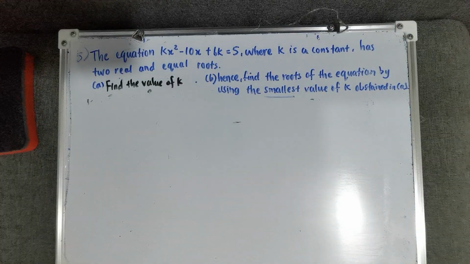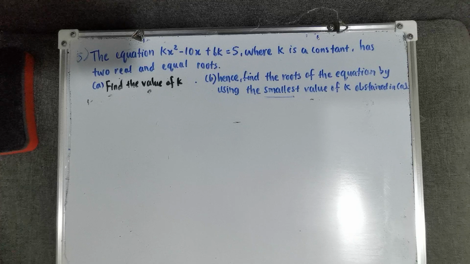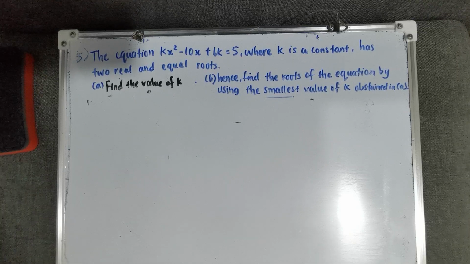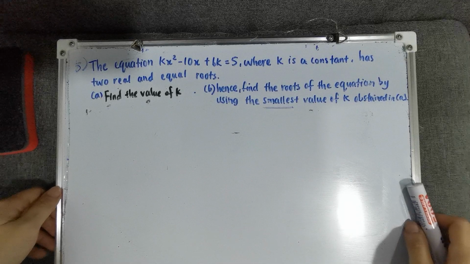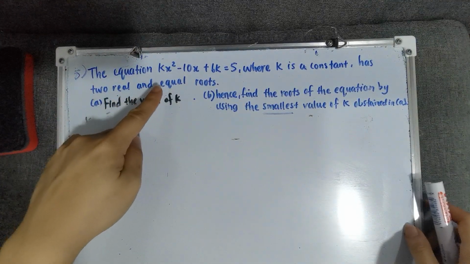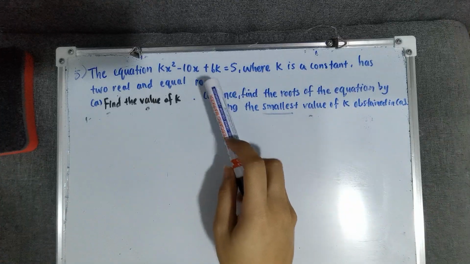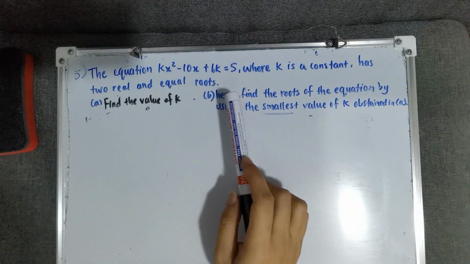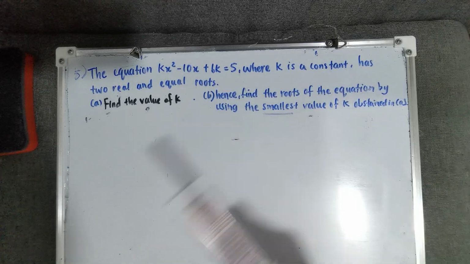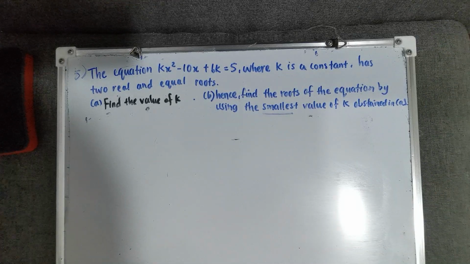So hello students, today we will discuss your Maths Form 4 Chapter 2 page 48, question number 5. The equation kx squared minus 10x plus 6k equals 5, where k is a constant, has two real and equal roots.